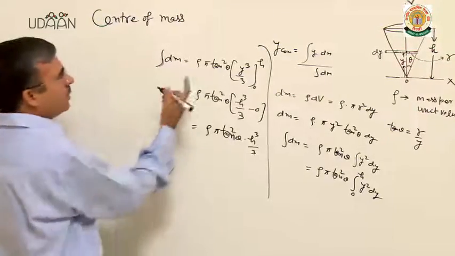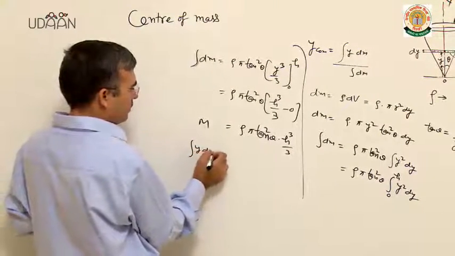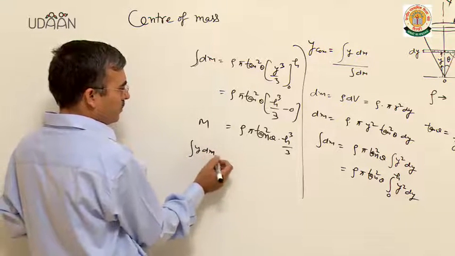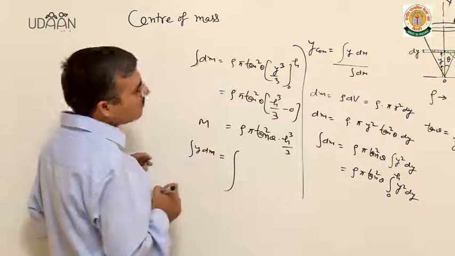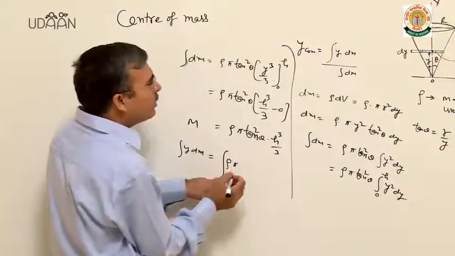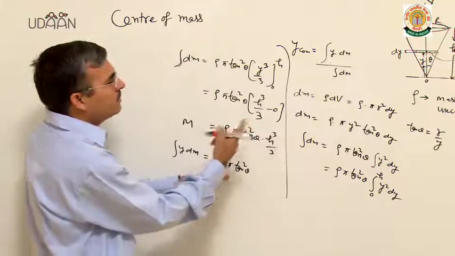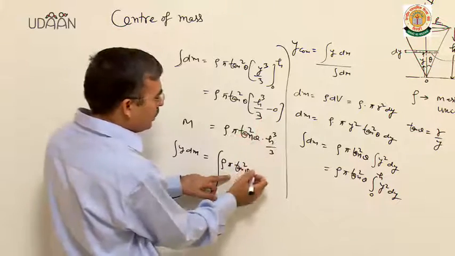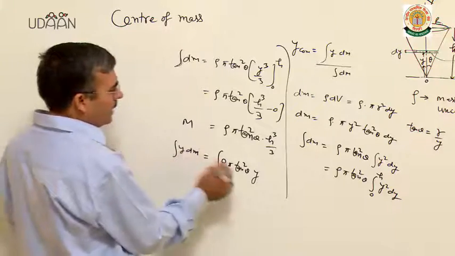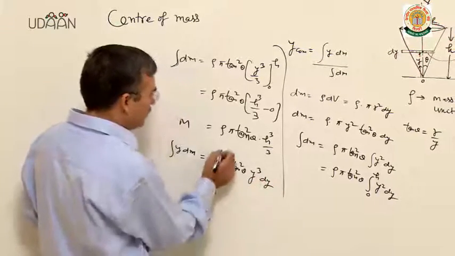Now for y com, let us separately calculate the numerator, y dm. dm is rho into pi tan square theta into y square, because for y dm this will be y cube into dy, with limits 0 to h.